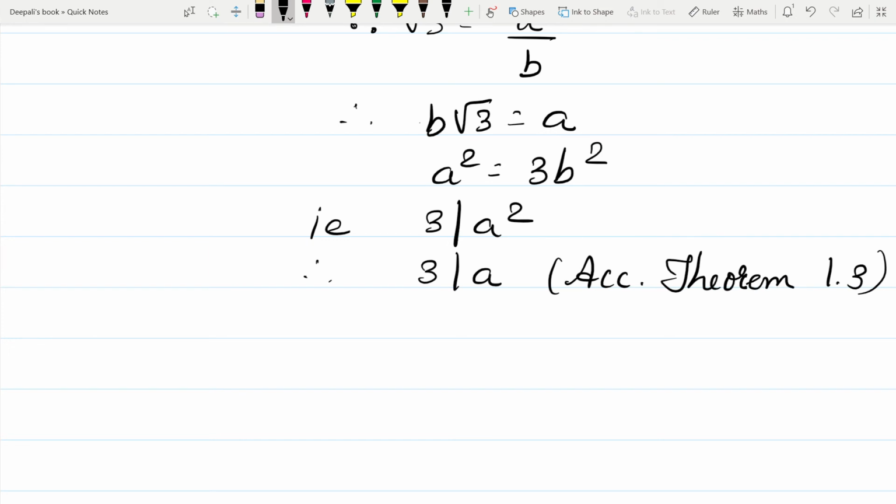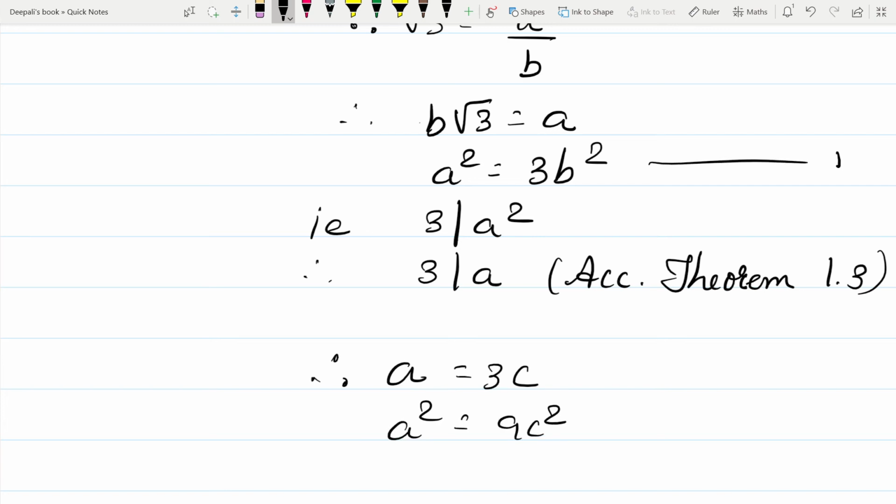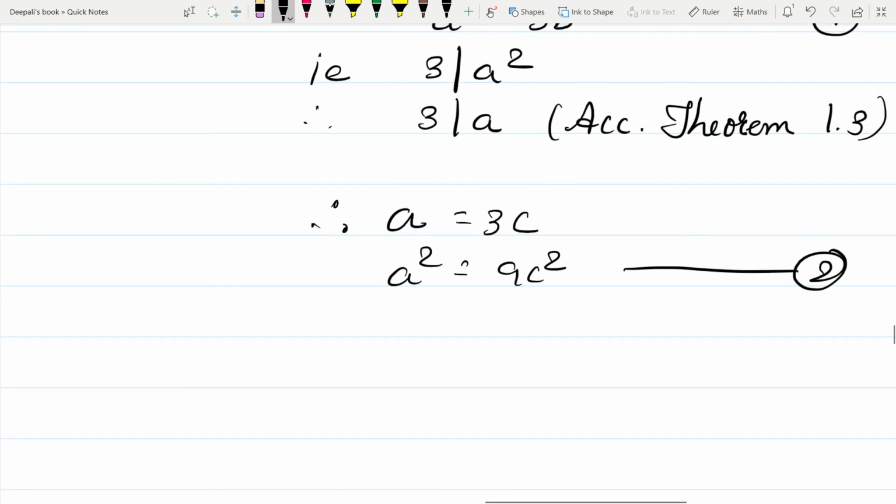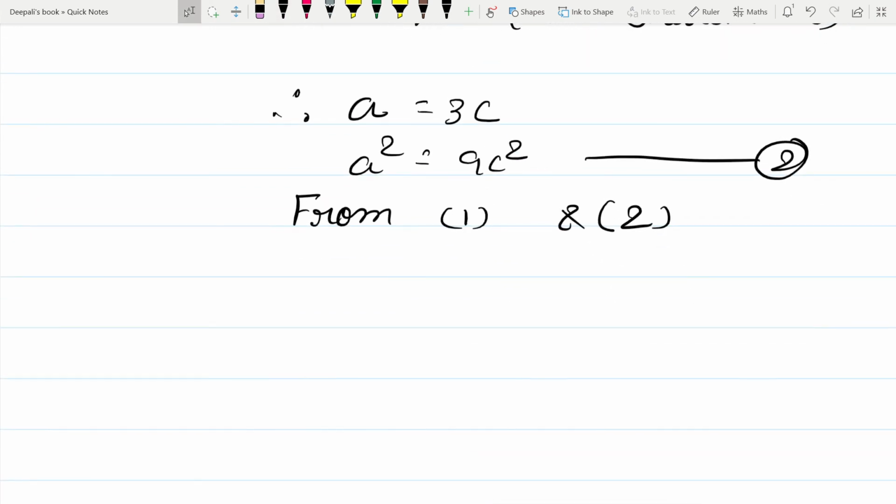Now if 3 divides a, then a will be 3c. Squaring on both the sides, 9c square. Now according to result 1 and result 2, I have 3b square is equal to 9c square.